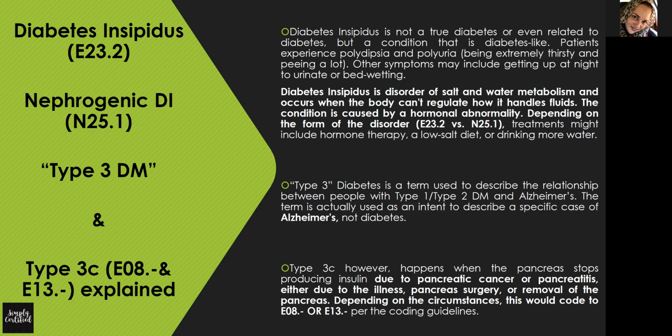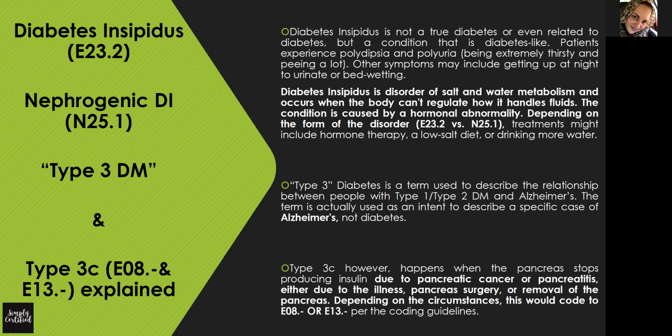Type 3C, though, it is a real thing. So that goes back to your secondary diabetes codes. And depending on the actual cause of it, it's going to be E08 or E13.